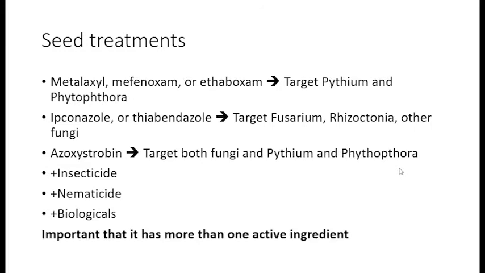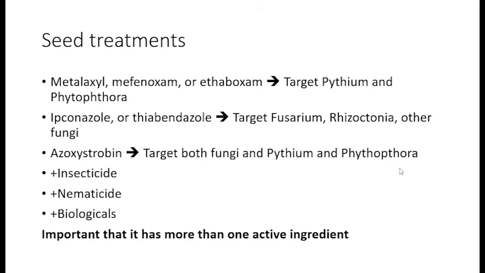But the important thing that I will recommend is that there has to be more than one active ingredient on your seed treatments. And what I would recommend is one from the first group, something that targets Pythium and Phytophthora, and something that targets the other fungi, right?